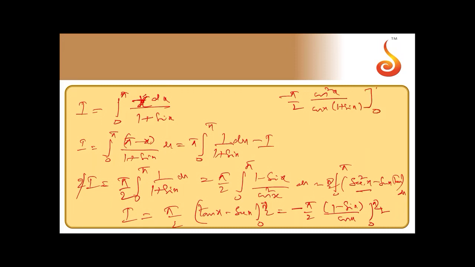The limits are from 0 to pi by 2. Of course, cos x gets cancelled, and thereby substituting, it is pi by 2 times cos pi by 2 is 0 minus cos 0 is 1, and that is equal to pi by 2.